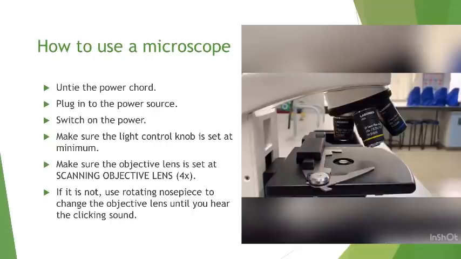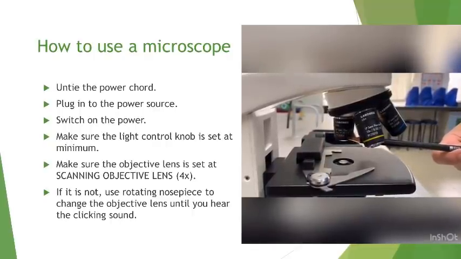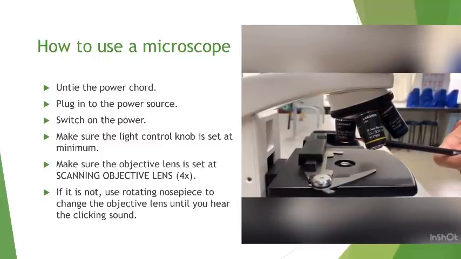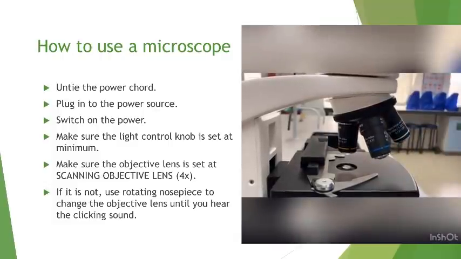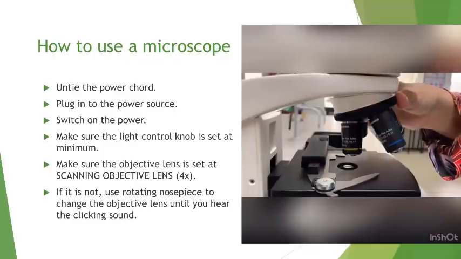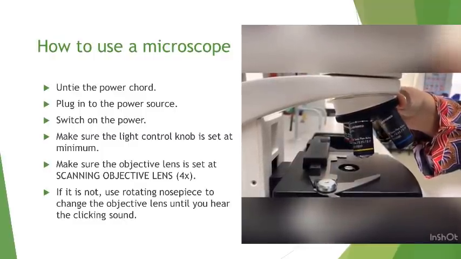Make sure the objective lens is set at the scanning objective lens marked by the red line. If it's not, use the rotating nose piece to change the objective lens until you hear a clicking sound.